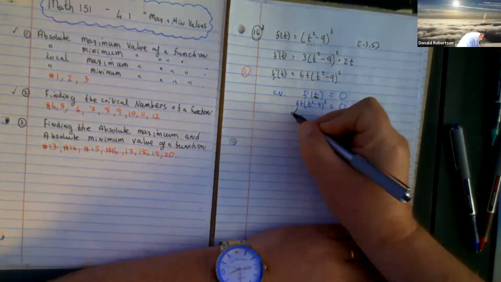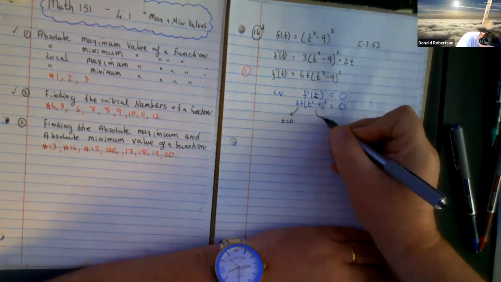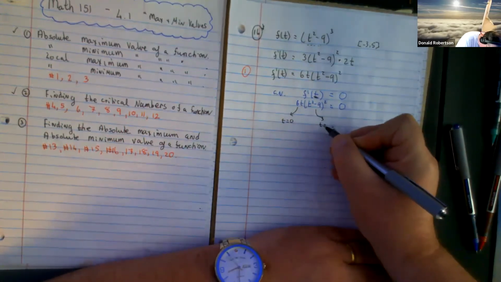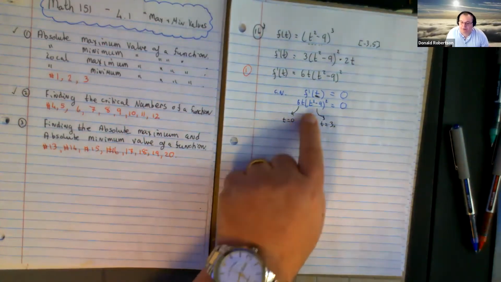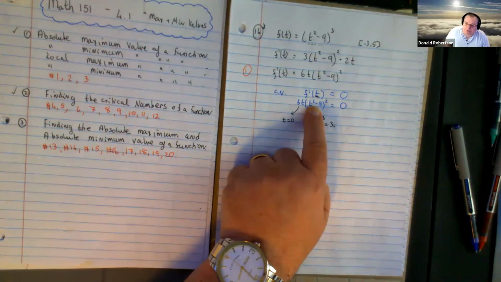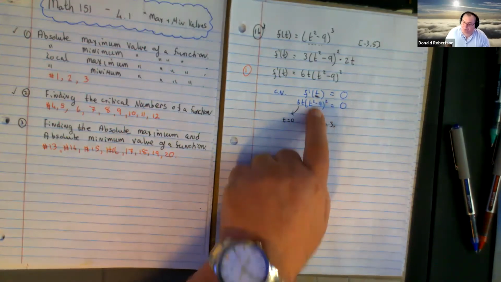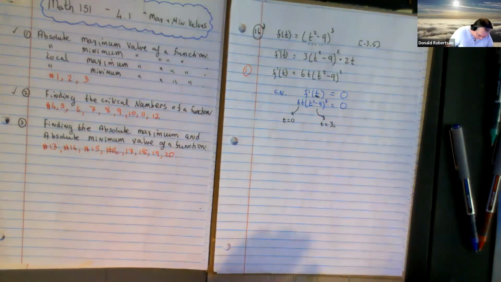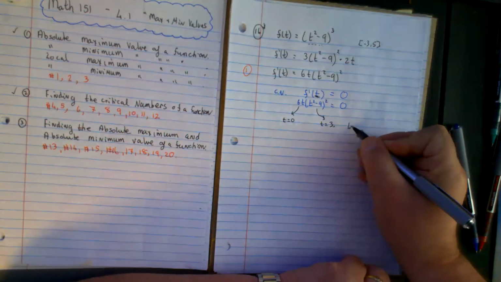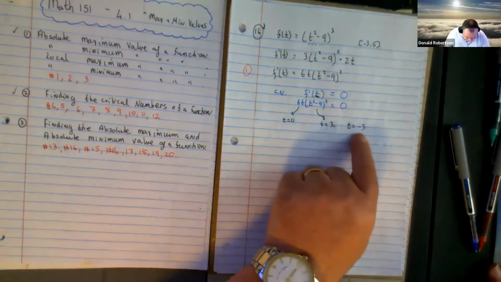This one here gives me t equals 0, and this one here gives me t equals 3. Does it give me anything else? Is there any other value of t that makes t squared minus 9 squared 0? I've given you one of them, which is 3, but what's the other one? -3. Okay, now here are the 3 critical numbers.